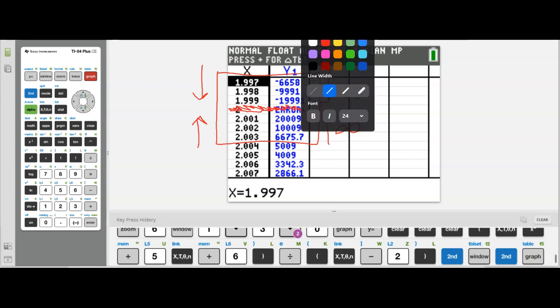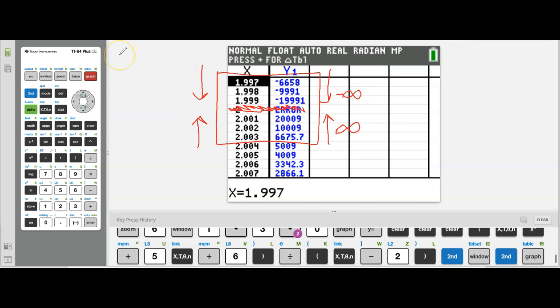So these functions are, you can call it, increasing without bound. One is getting closer to infinity in the negative direction, one is getting closer to infinity in the positive direction. So right away, we should be able to say limit does not exist, right? Unless we're going to start talking about infinite limits, we would say that the limit does not exist.